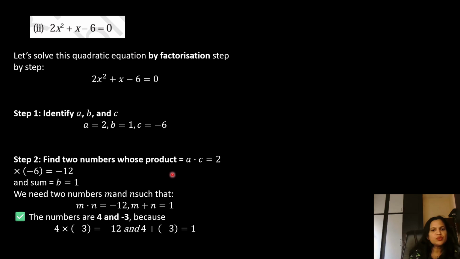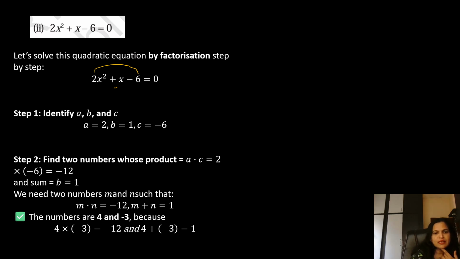Then find two numbers whose product is a into c, and whose sum is b, equal to 1. That means we need the numbers m and n such that m into n equal to minus 12, since minus 6 into 2 is minus 12, and m plus n is equal to 1.